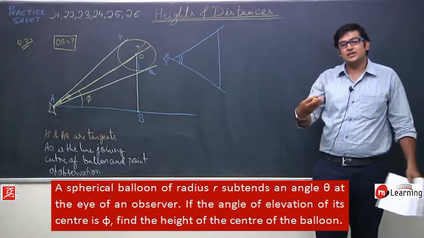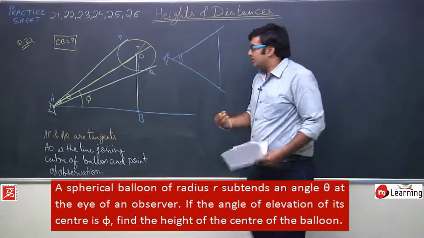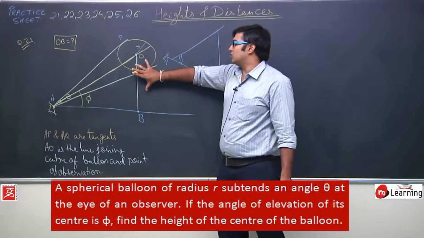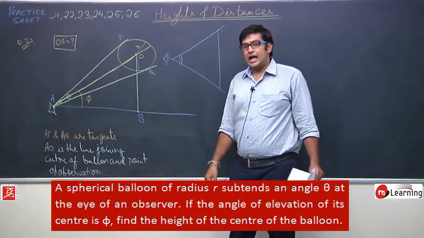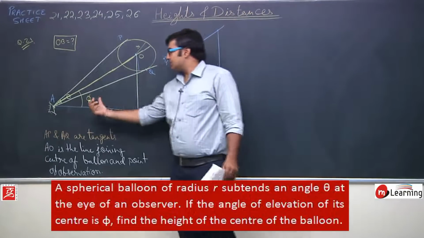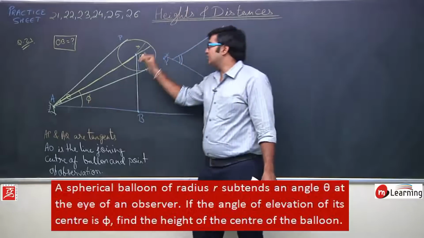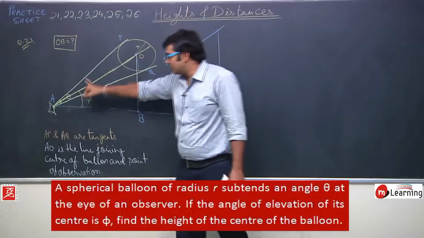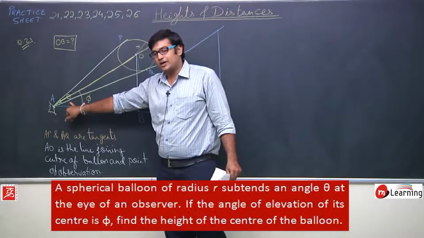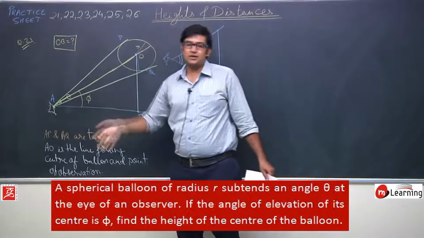Now try to think about the approach for how I can get the value of this OB. I am given only this phi angle, this r, the radius of the balloon, and this theta angle, that is the angle subtended by the balloon.